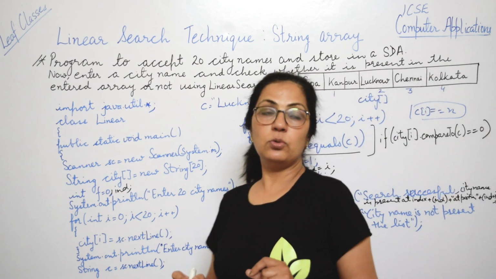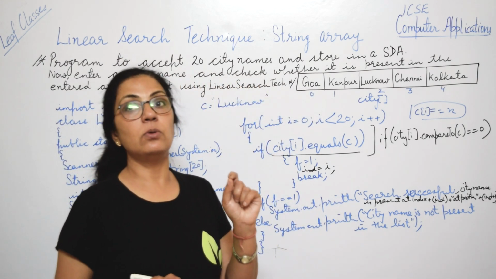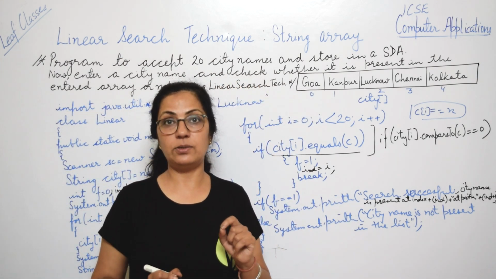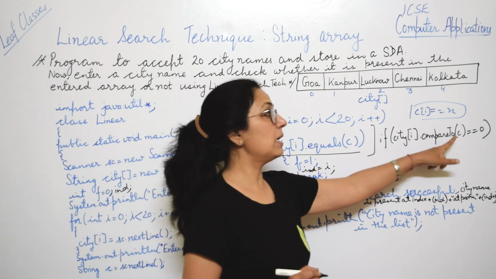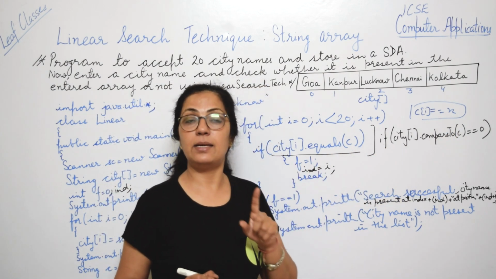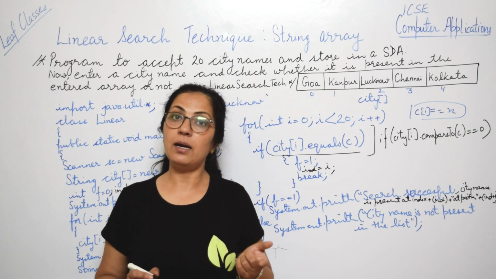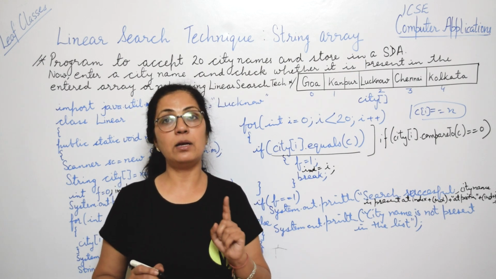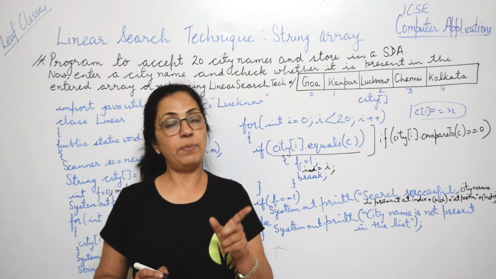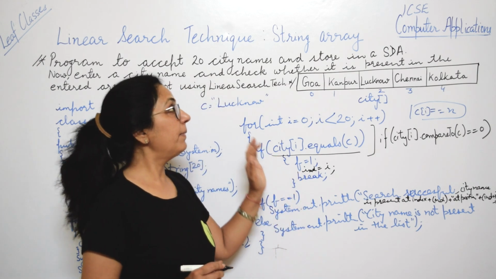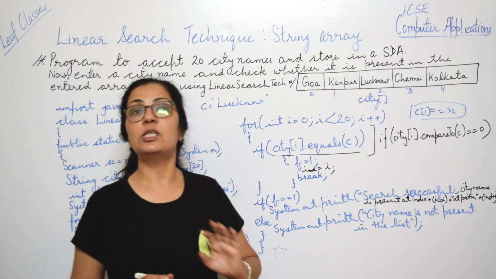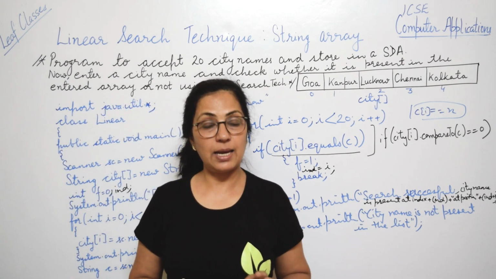Children, the compareTo function gives you an int value. It results in int type. If the first string is equal to the second string, the answer is 0. Again here also, if case has to be ignored, then you can use compareToIgnoreCase. Right children? So this is the program for the linear search technique in a string array.